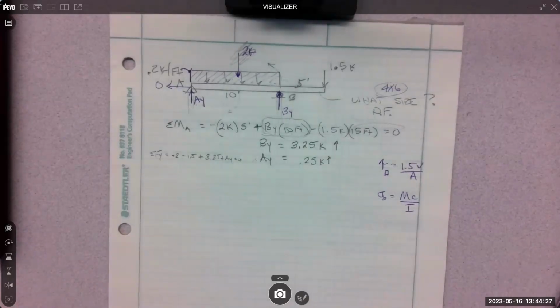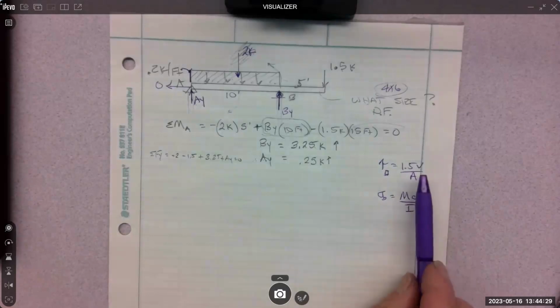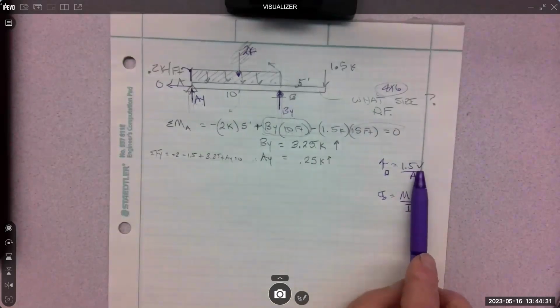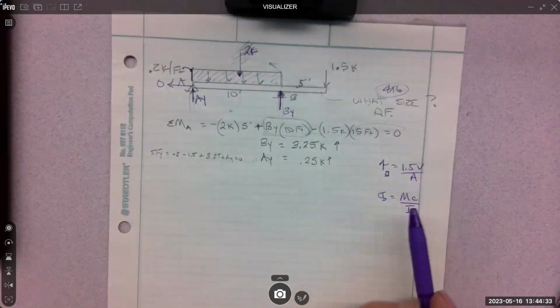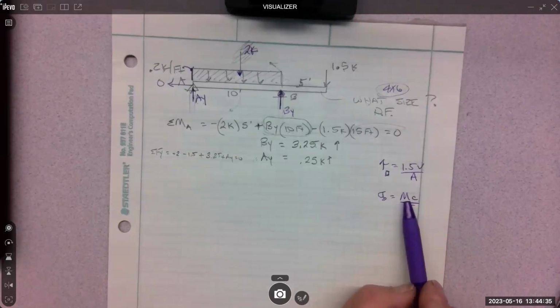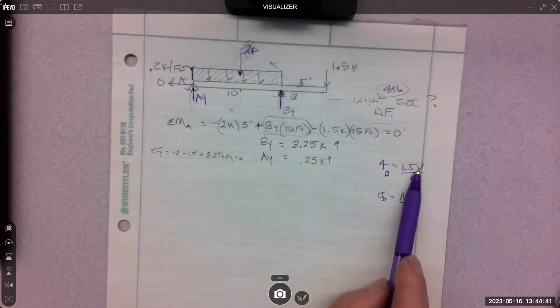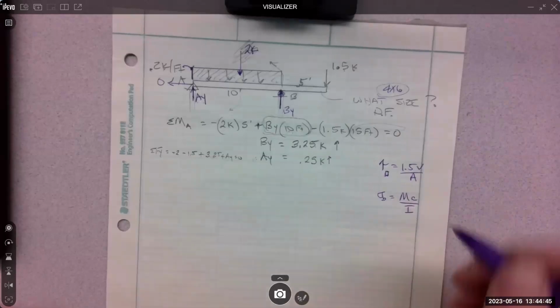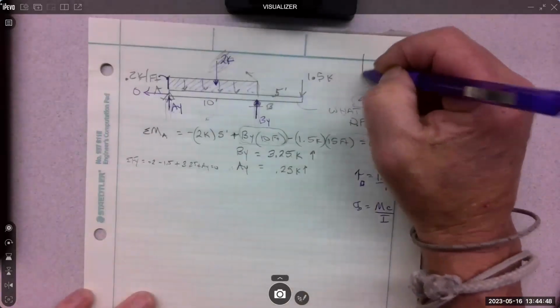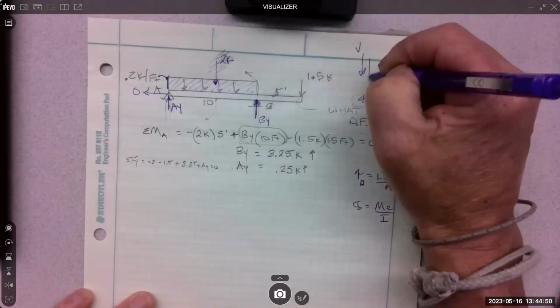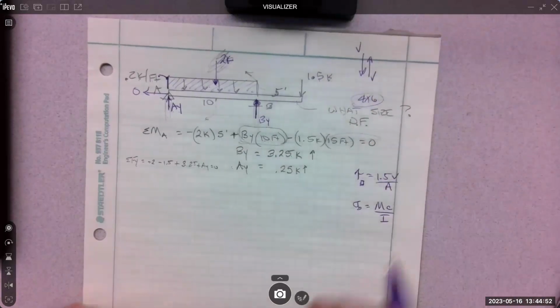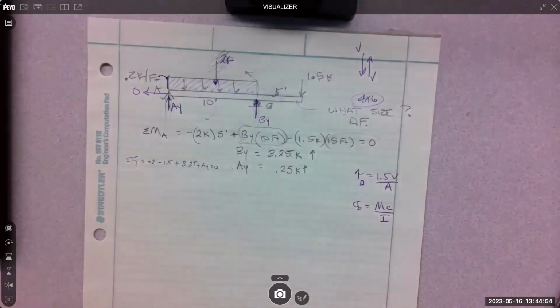So the two things you need are V, which is shear force, and M, which is bending moment. We know what moment is. It's force times distance. We get that. V is just a force, a shearing force. So shear setup is this, where you have V up and V down, and they're very close to each other.